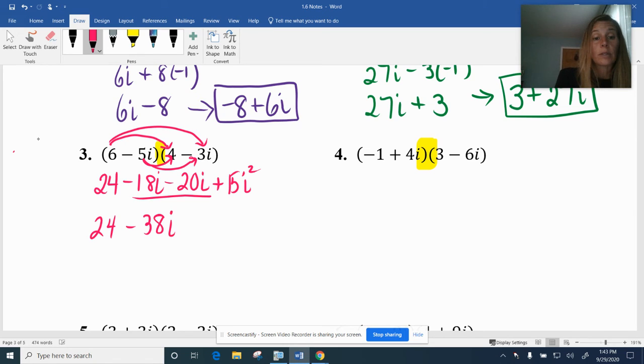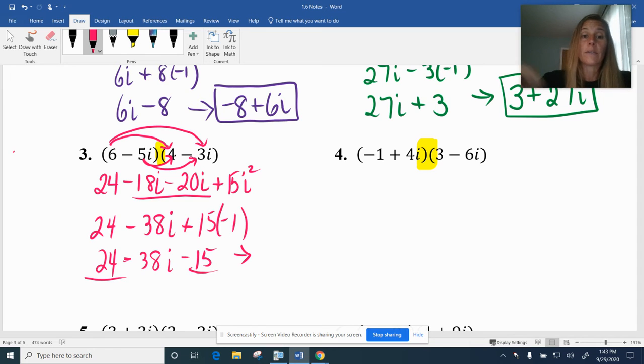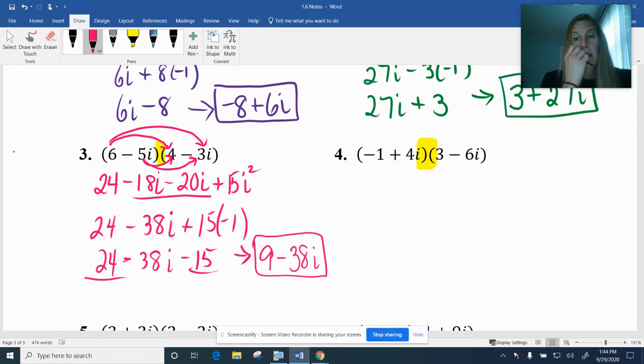We're combining those like terms. And then over here, my i squared is replaced with that negative 1, which is then going to make that a minus 15. And then, of course, these two like terms, the 24 minus 15, can be combined to give me a 9. And I have 9 minus 38i for my answer.